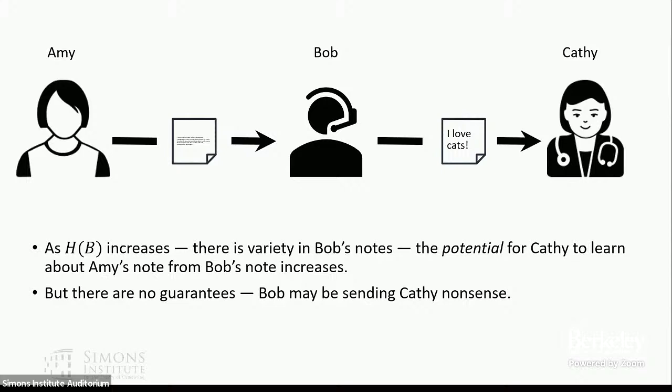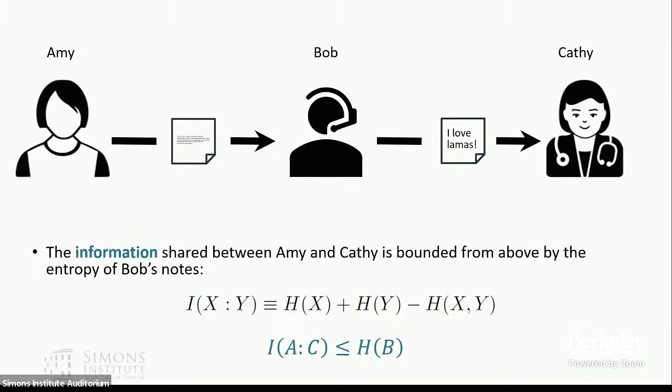Because you still don't know what information he's sending. So we can quantify this example using mutual entropy, which is defined like this. And here we would say that the information shared between Amy and Cathy is bounded from above by the entropy of Bob's notes. Okay, so we have this intuition here.